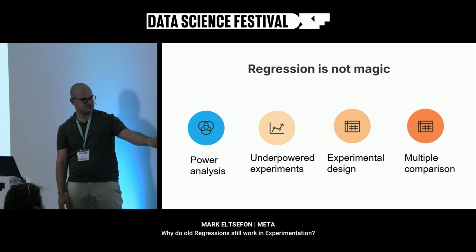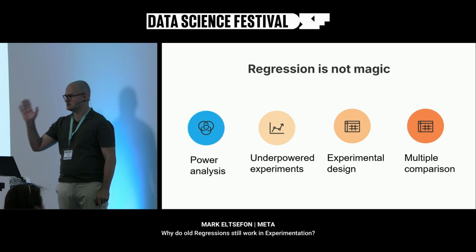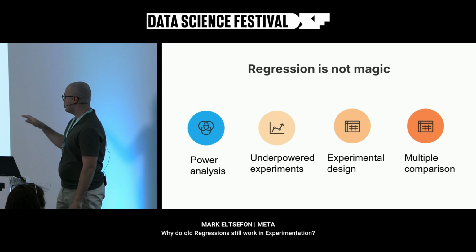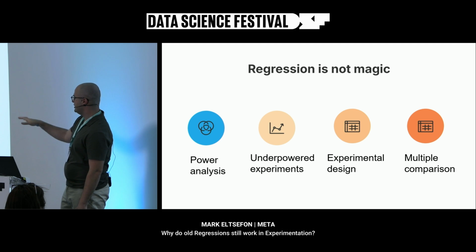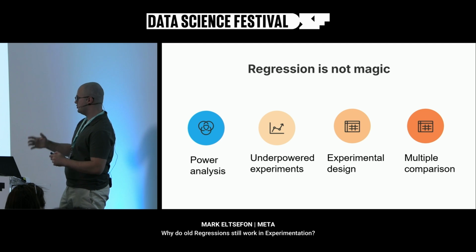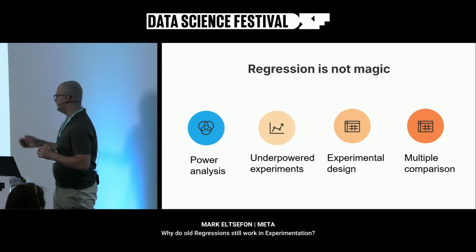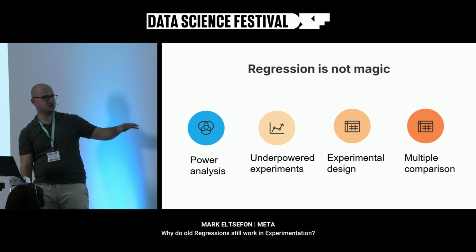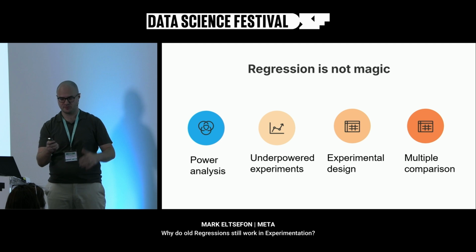The second is underpowered experiments. Yes, regression increases the power of an experiment, but when we have a heavily underpowered experiment, with power of 30%, 35%, it wouldn't magically increase it to 80%, our common choice.